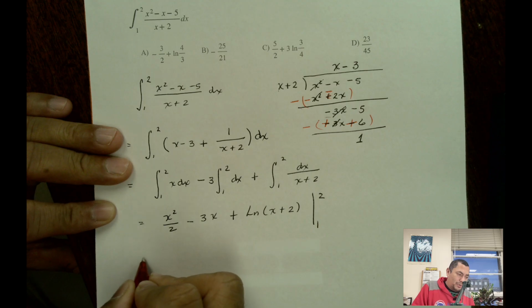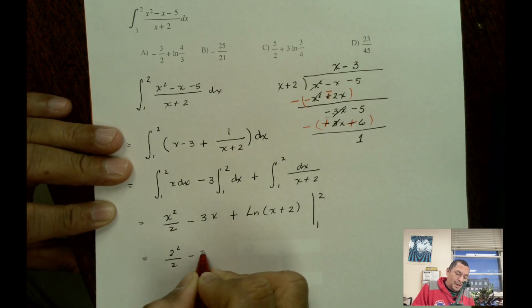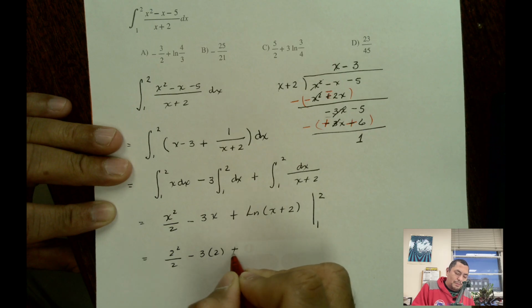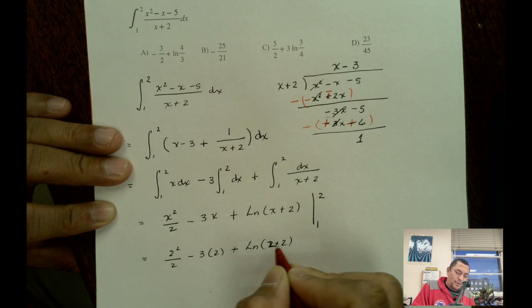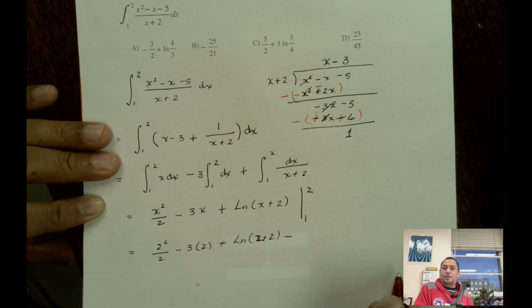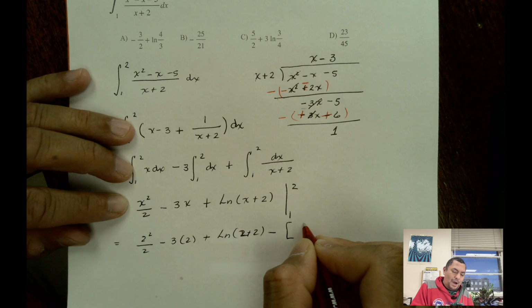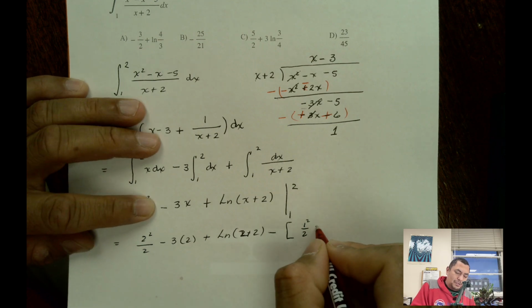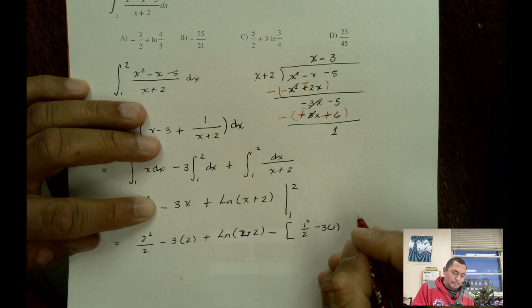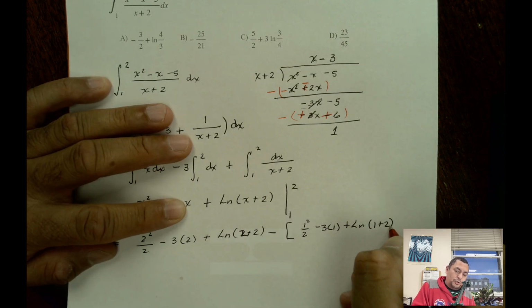Now what we're going to do is evaluate. So I have 2 to the second power over 2 minus 3 times 2 plus ln of 2 plus 2, minus, now going to the lower number, 1 squared over 2 minus 3 times 1 plus ln of 1 plus 2.